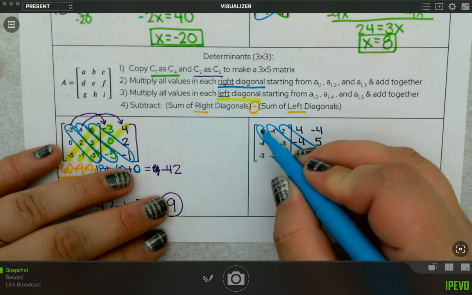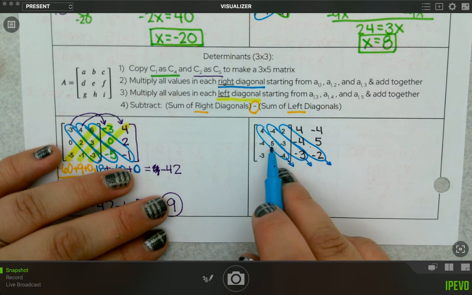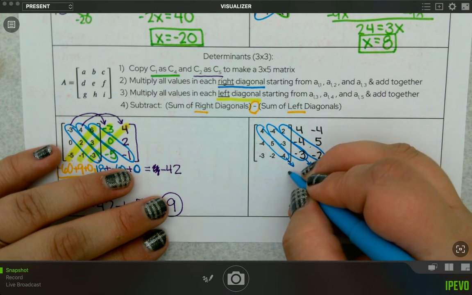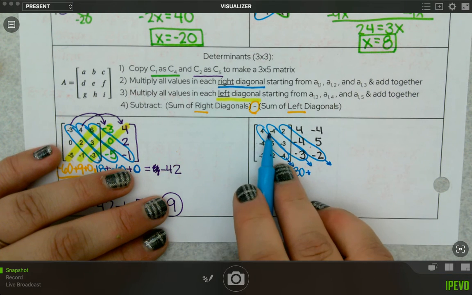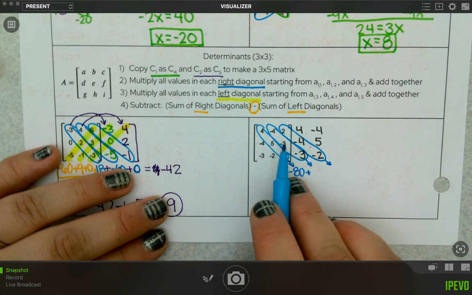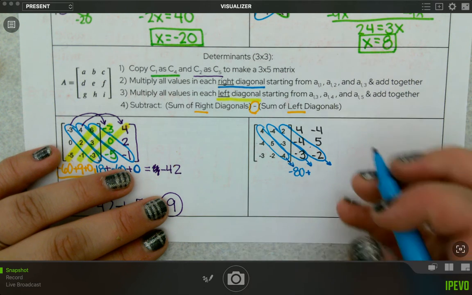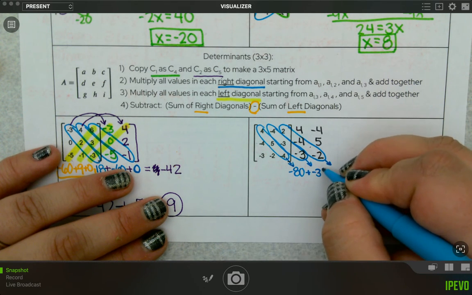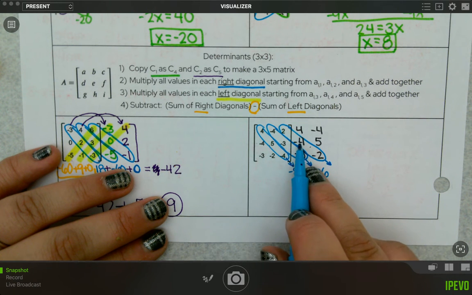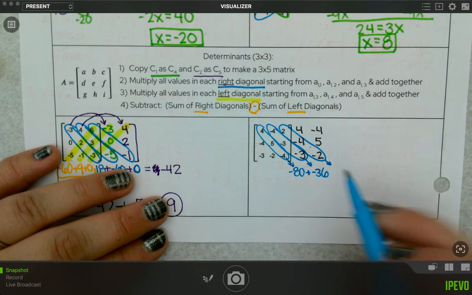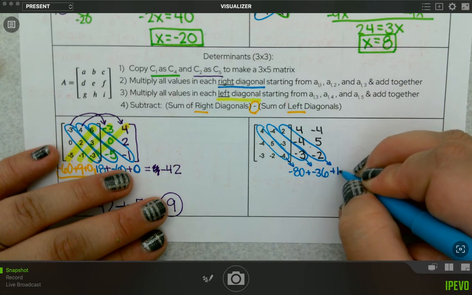Okay, so that's 4 times 5 is 20. 20 times negative 4 is negative 80. Negative 4 times negative 3 is 12. Times negative 3 is negative 36. 2 times negative 4 is negative 8. Negative 8 times negative 2 is positive 16.